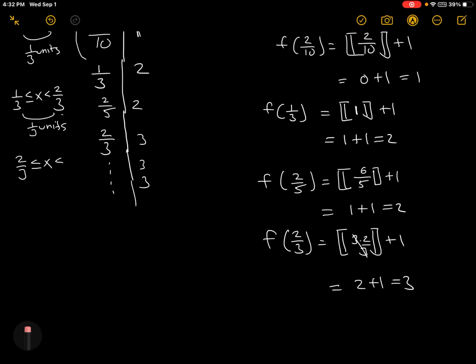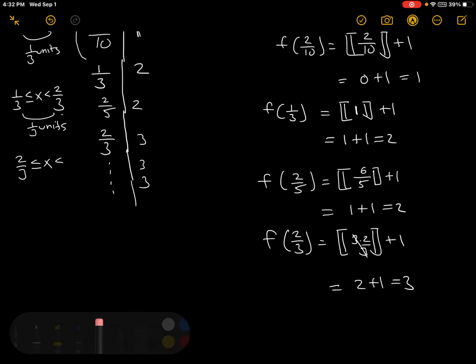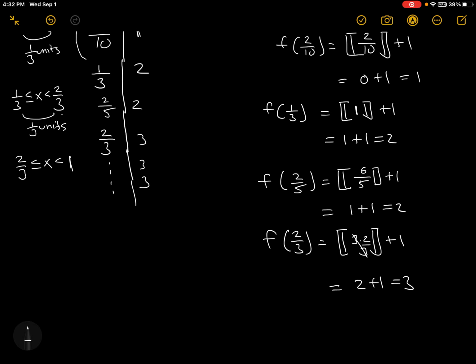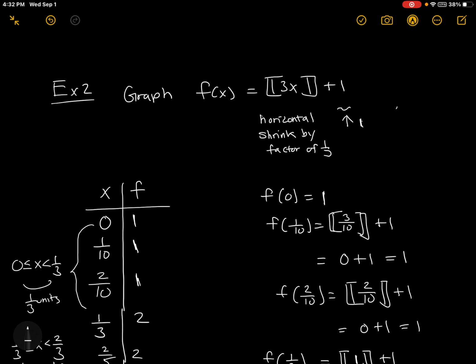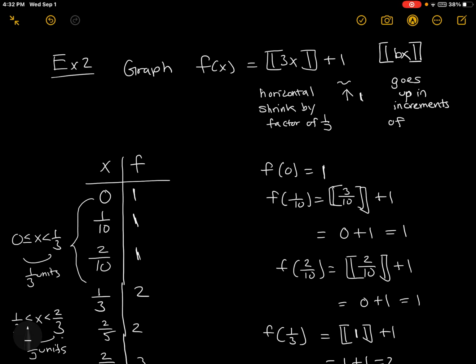Okay? And the way you figure that out, in general, is that it goes up in increments, okay, of, let's say this is bx, it goes up in increments of what? Or units, you can think of units of x divided by b.